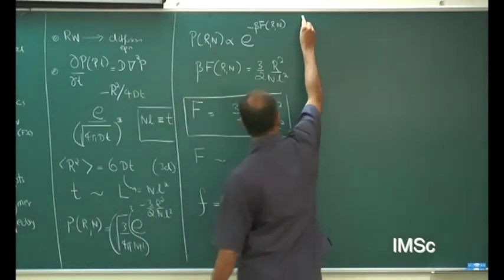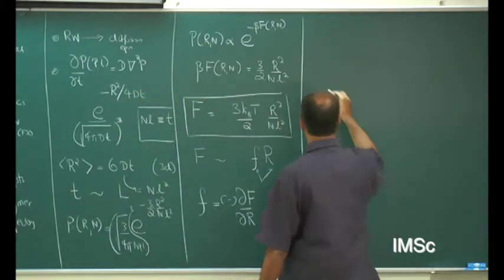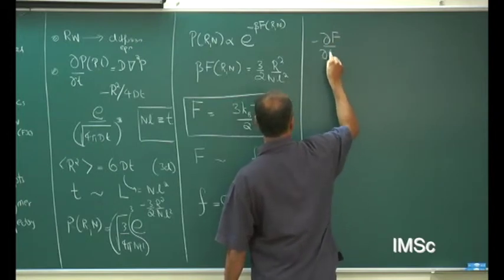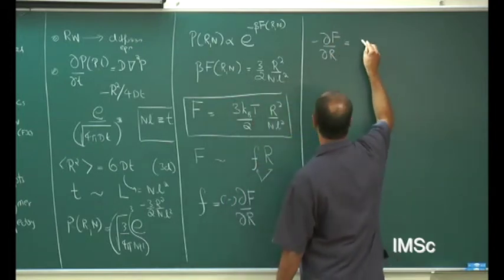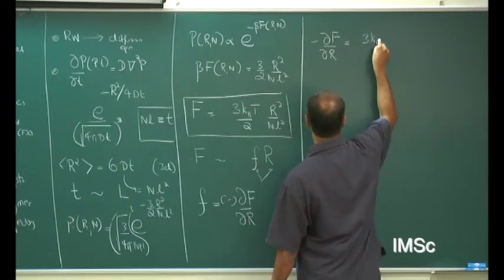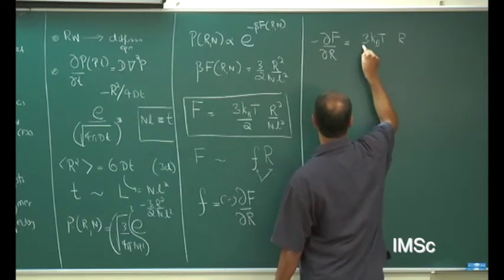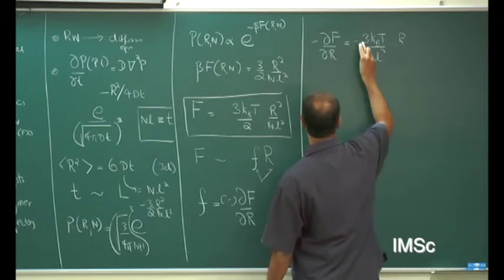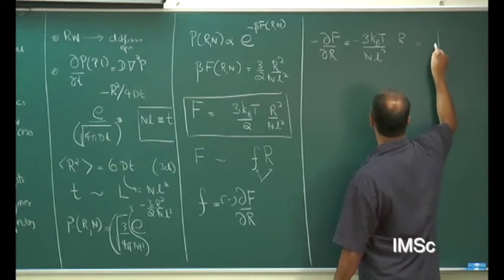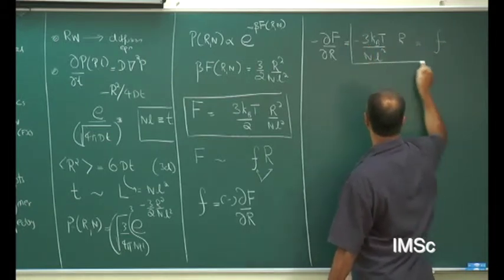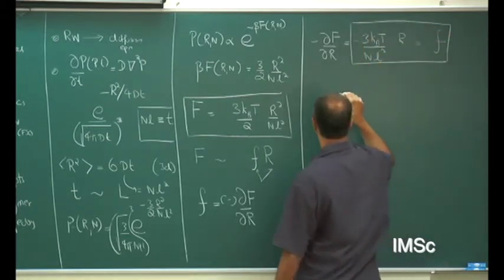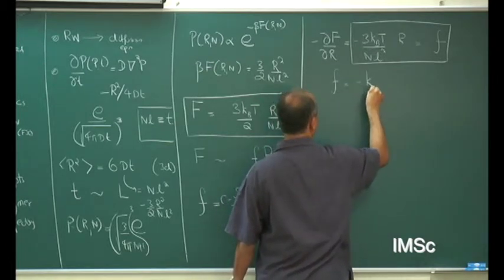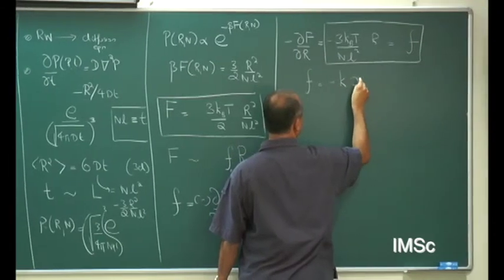So from here, I can write down immediately minus delta F by delta R is 3 kBT times R divided by N times L squared with a minus sign, and this is F. So now if you compare, force is minus spring constant times the displacement x.